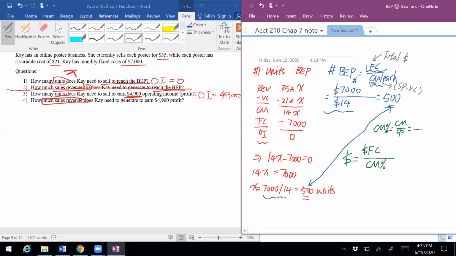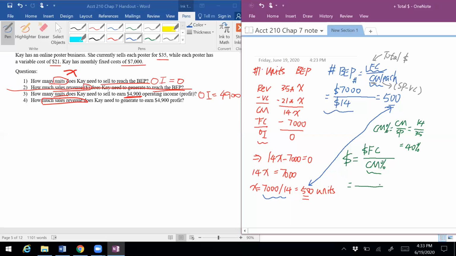In this example, our contribution margin for each one is $14. Our selling price, I believe, is 35. So we get a contribution margin ratio of about 40%. Once we have our denominator, we use our total fixed cost.